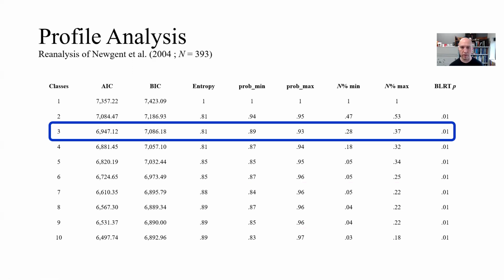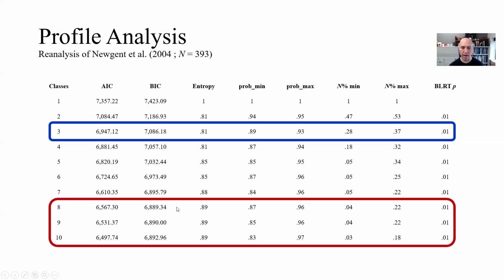With overfitting, if we've got 393 participants, entropy would be the highest if we had 393 different types, and that would be absurd, wouldn't be interpretable, and there would be no point in doing this. So going up higher suggests overfitting, and it's not really valuable. Again, 3 types would be best from this data set.